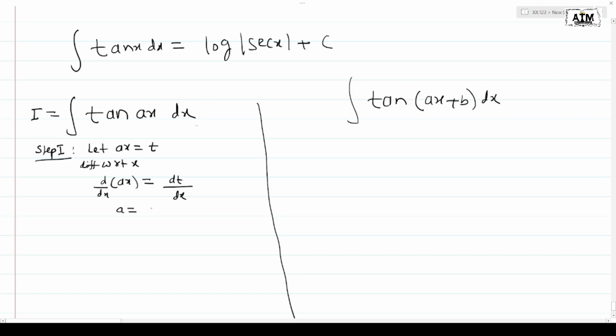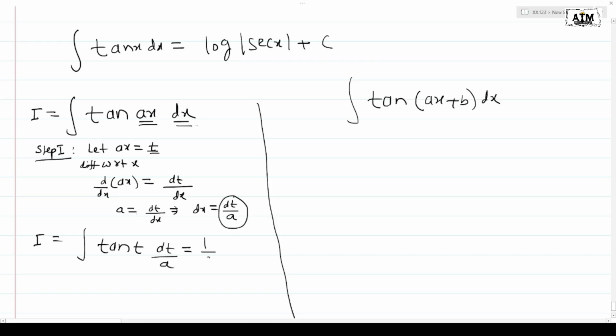Therefore, a equals dt by dx implies dx equals dt upon a. Therefore, I equals integration tan, in place of ax I can write t, and in place of dx we can write dt upon a.